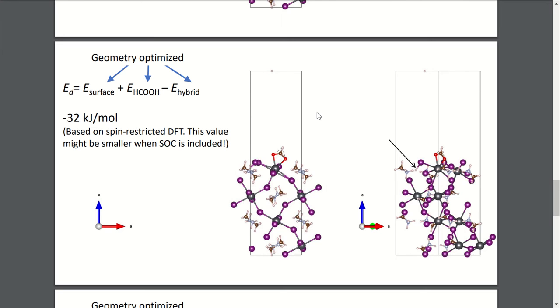Huh. So it is a very unfavorable geometry. Negative means it's going to repel. Yes, but I guess in this case maybe the formula to calculate the binding energy is not very accurate, because I use the energy of this formic acid. So what is that showing?